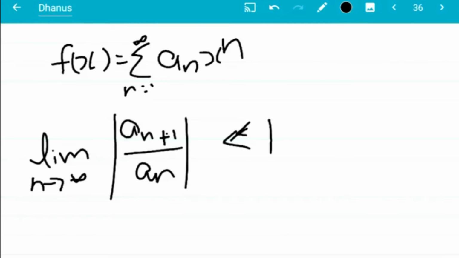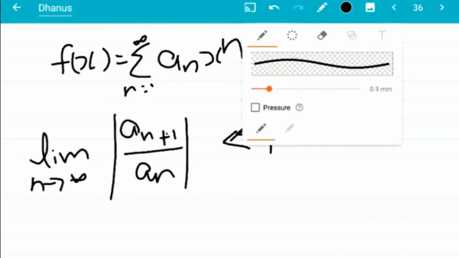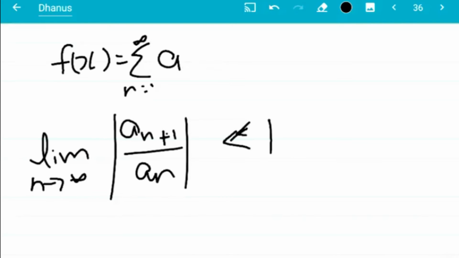Oh, sorry, I made one more mistake here. f of x equal to summation n equal to 1 to infinity an, only that much. Here, instead of an, we have (x plus 1) all raised to n divided by n square.